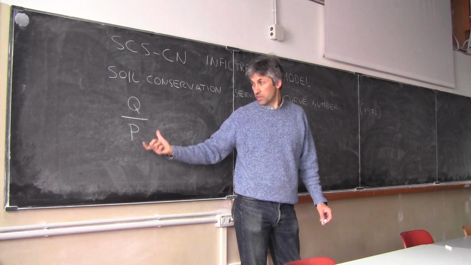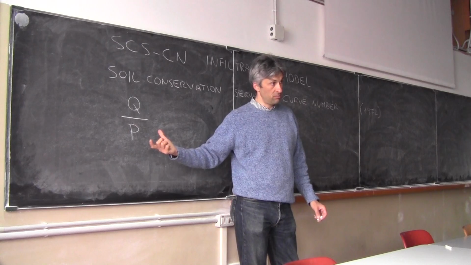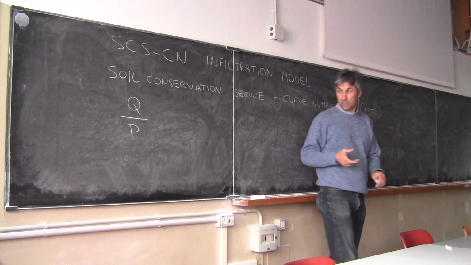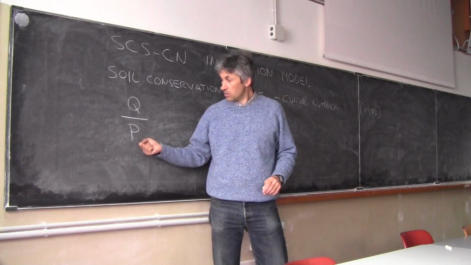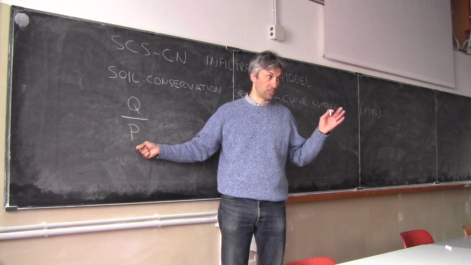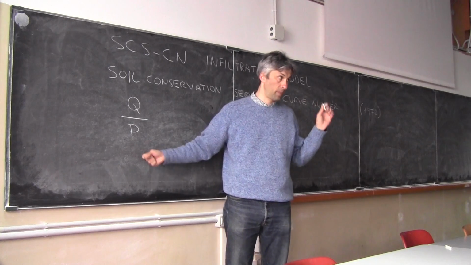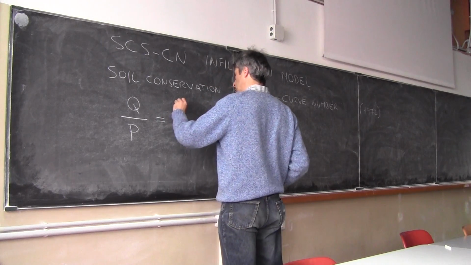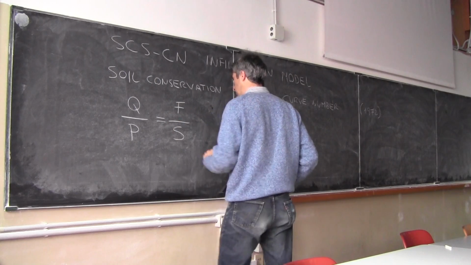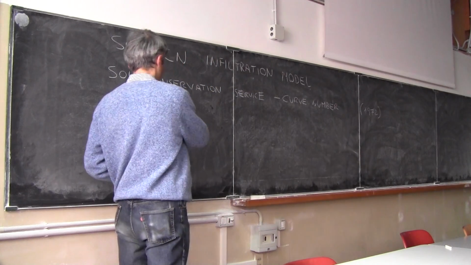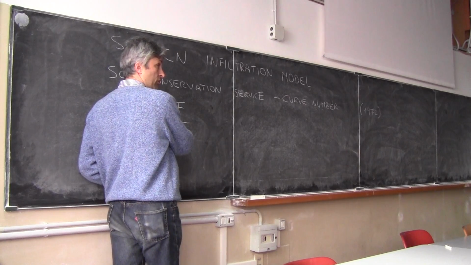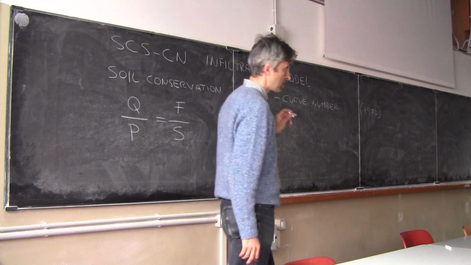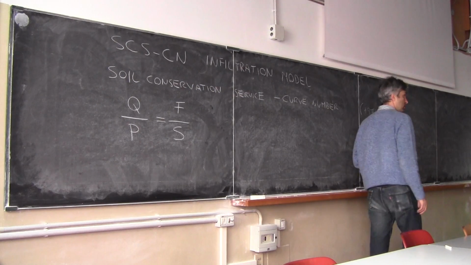Of course, Q is lower than P, because Q is the contribution to the surface runoff, while P is gross precipitation. This ratio is equated to another ratio, F over S, where F is cumulative infiltration from the beginning of the event, and S is maximum soil water storage.